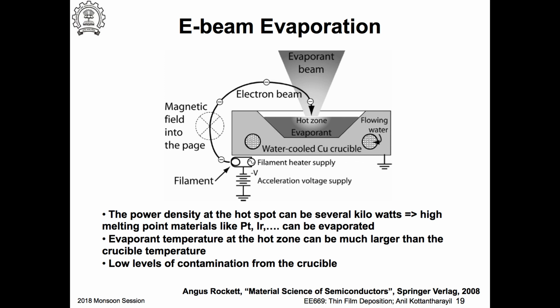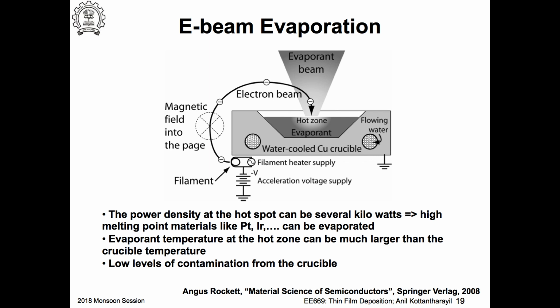So here you have a crucible, and I place the evaporant, the source, here, and the electron beam hits the source. So I'm not directly heating the crucible.